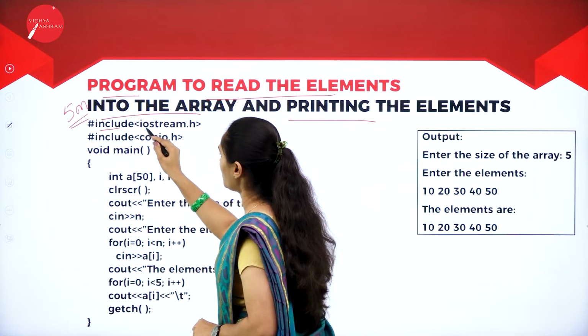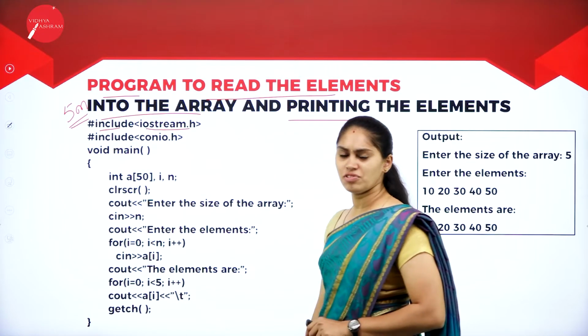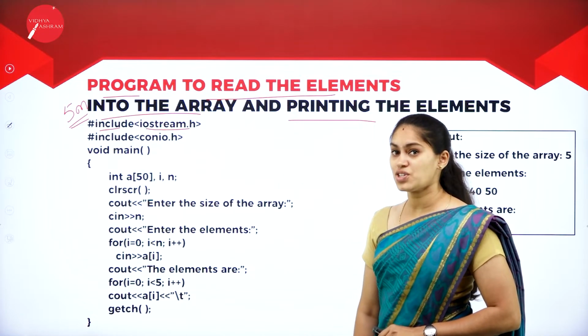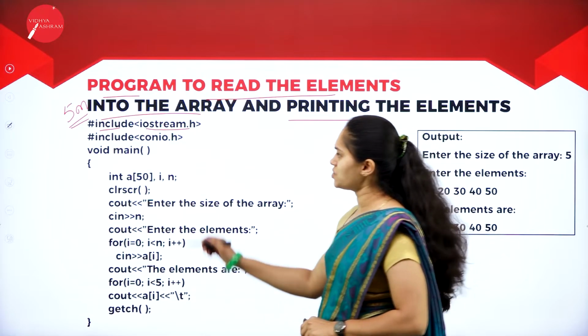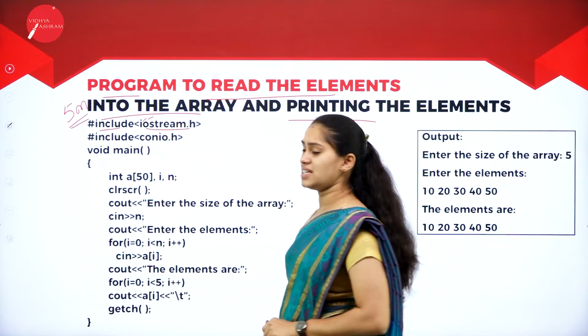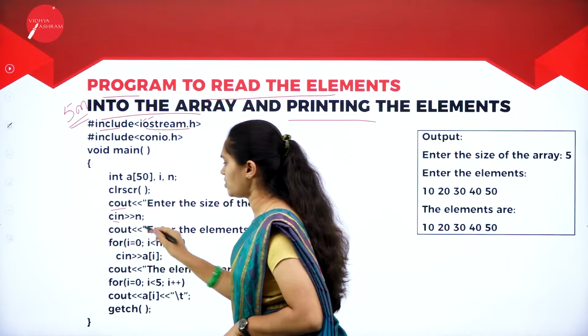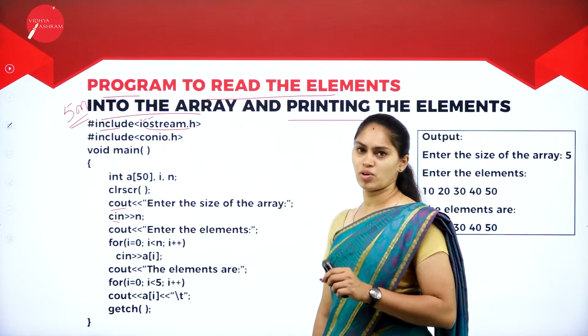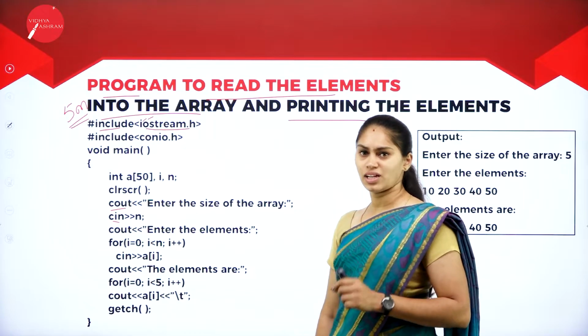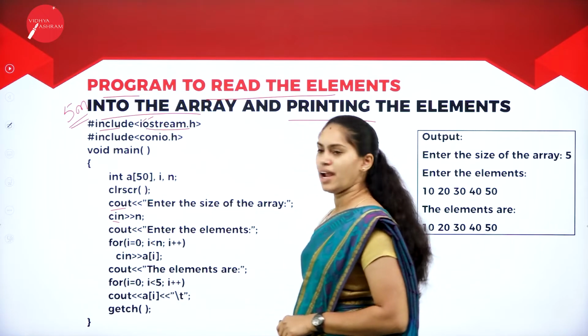#include iostream.h. What is the first line of this program? #include iostream.h. As we all know, IO means input output stream. So when we are using cout, cin, cerr, clog in the program, it is mandatory to include this iostream.h header file.